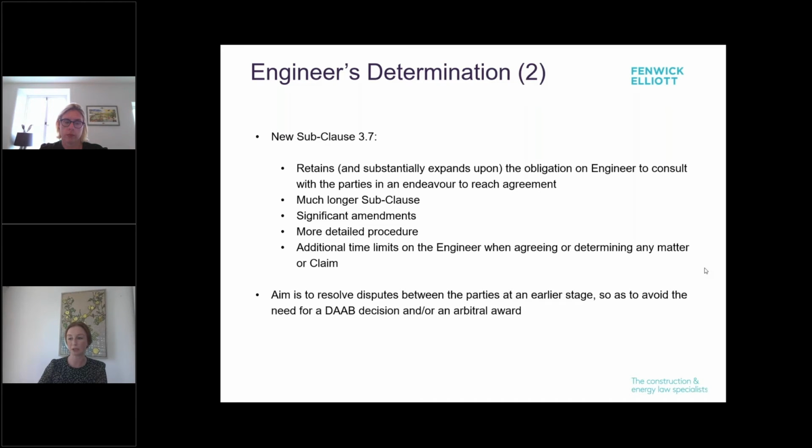The new procedure expands upon the pre-arbitral steps. So it includes a mandatory additional 42-day period in the engineer's determination, plus an extra 28 days to issue a notice of dissatisfaction, which is what the parties submit if they're not happy with what the engineer has decided. So the aim of these really is to resolve the disputes between the parties at an early stage so as to avoid the need for a DAB decision or an arbitral award.